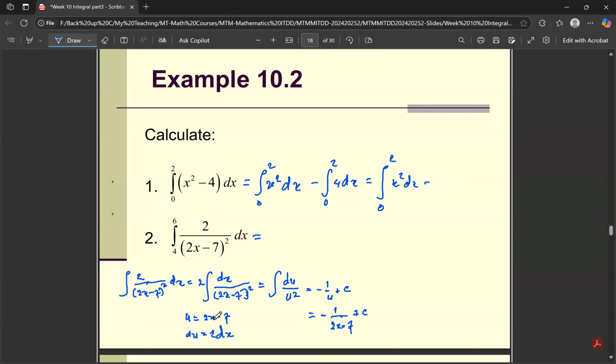This can be put as the capital F antiderivative of this function, so we have minus 1 over (2x minus 7), and we go from 4 to 6.